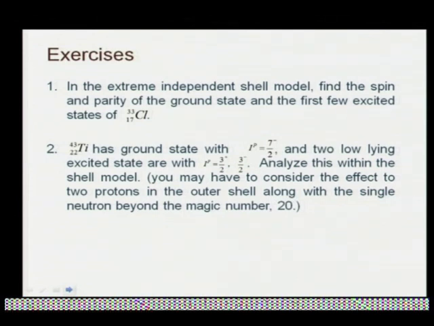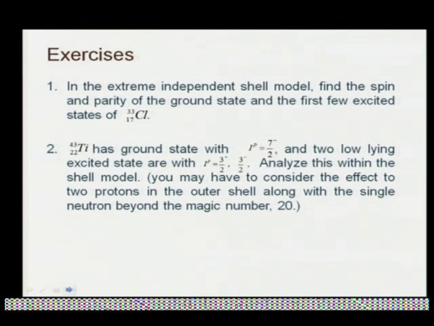You can check what the spin and parity values are for the ground state as well as the excited states that you expect. In fact, it is given that there is a low lying 3/2 plus and 3/2 minus. How do you accommodate that within this? That is what you can think about.